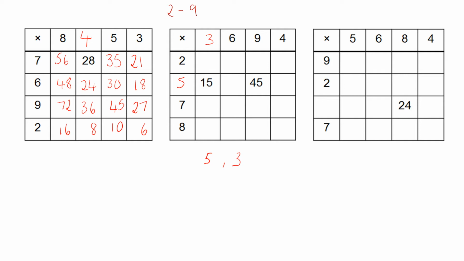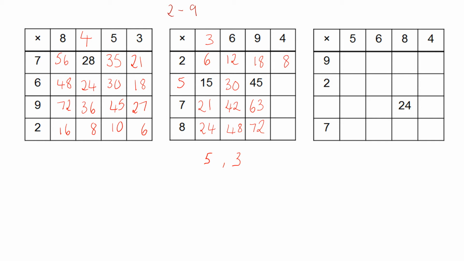So let's fill the rest in then. 2 times 3 is 6. 7 times 3, 21. 8 times 3, 24. 2 times 6 is 12. 5 times 6 is 30. 7 times 6 is 42. 8 times 6 is 48. 9 times 2, 18. 9 times 5 has been done for us. 9 times 7, 63. 9 times 8, 72.